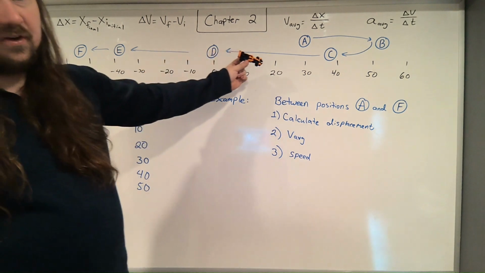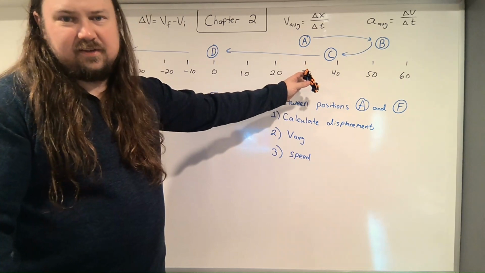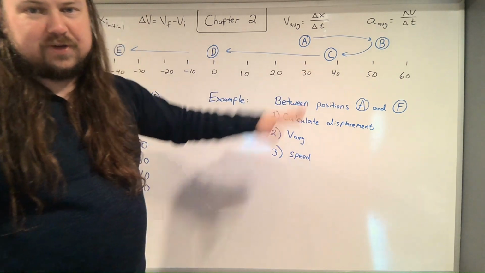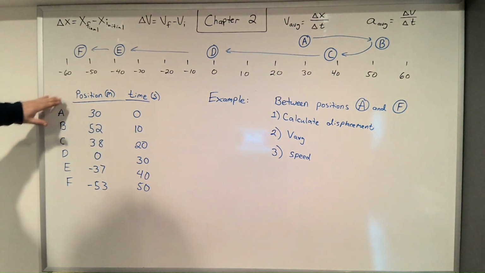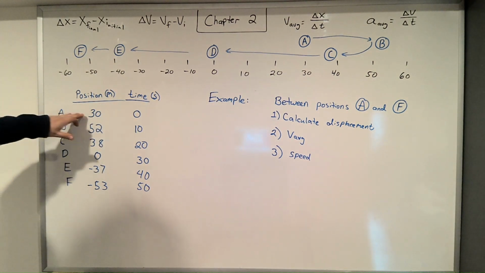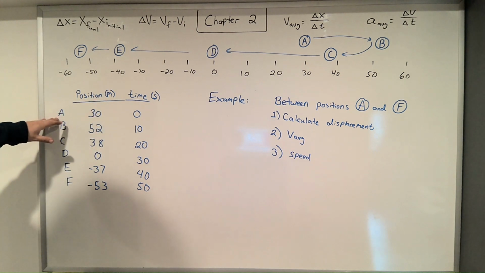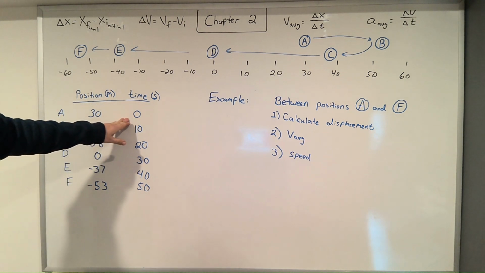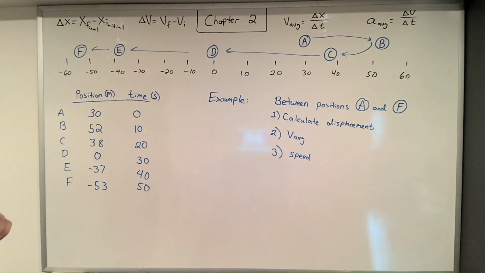Initially this car will start here at position A. Position A is at positive 30 meters, so I have written down the position A being 30 meters. This is the first position that we have. We're going to start our clock at 0, so the car is sitting at position A at time equal to 0.